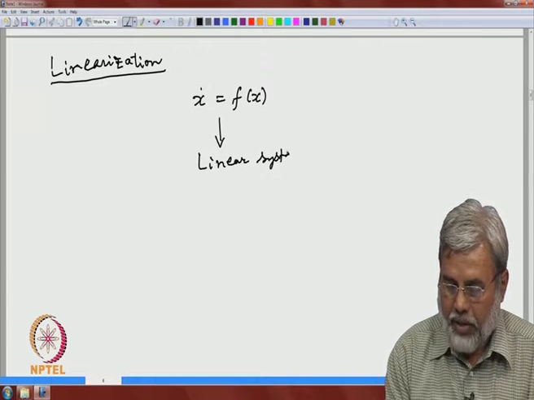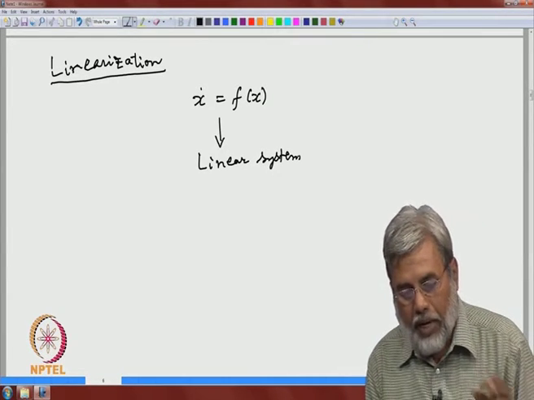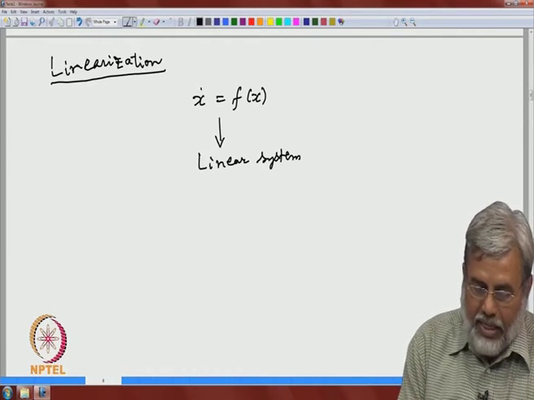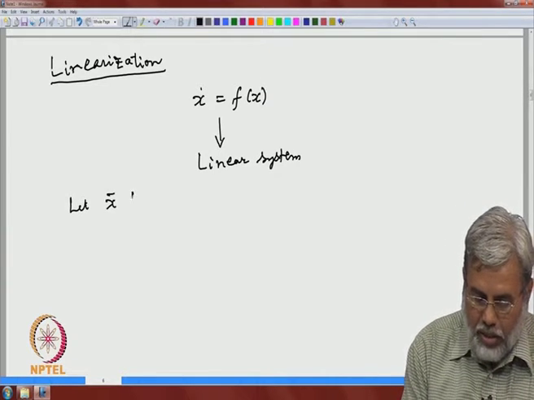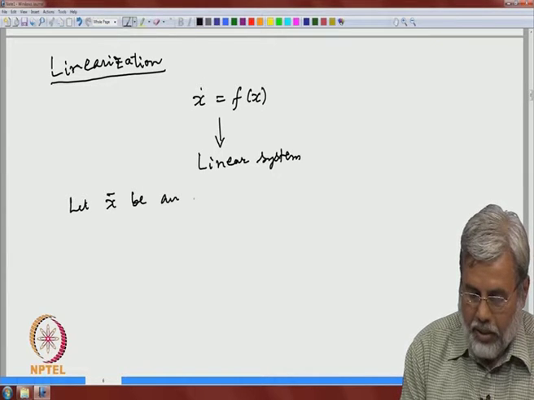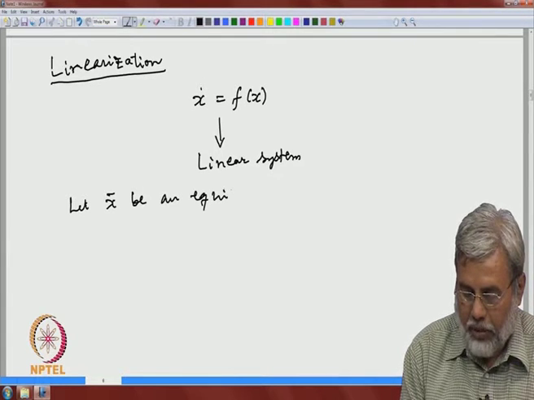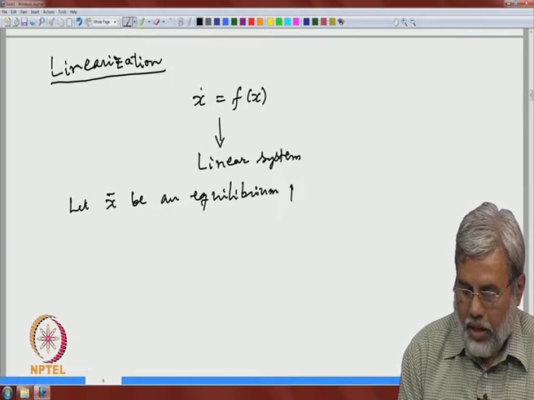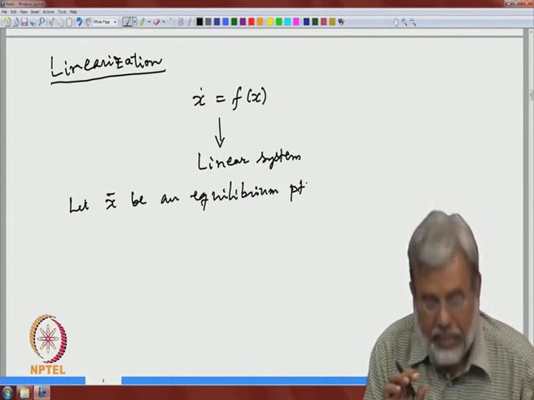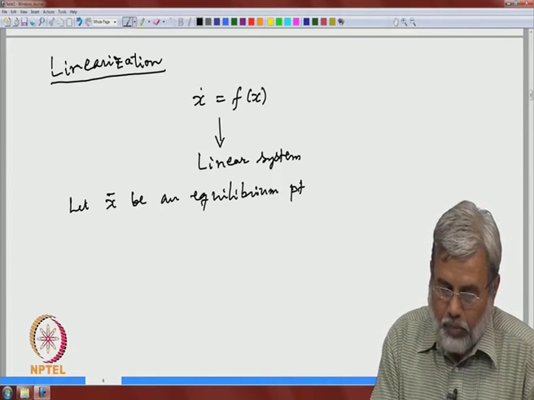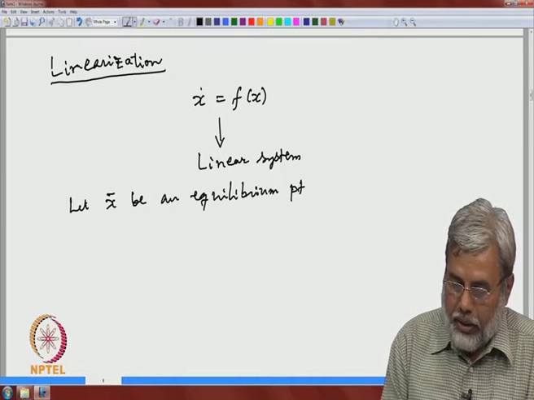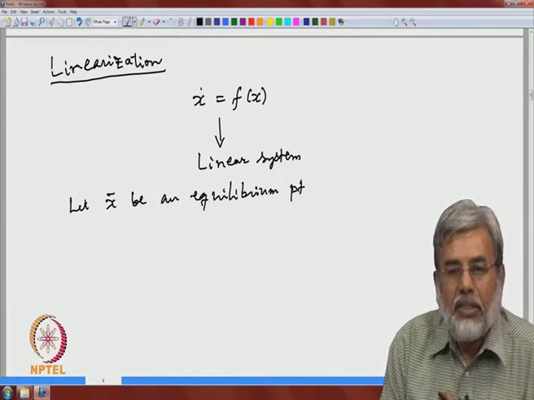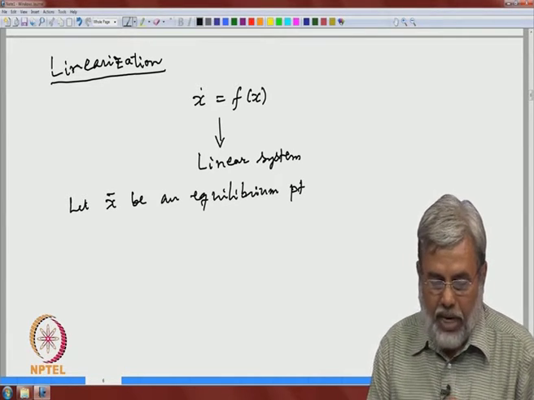But where? Okay. So, again remember our interest is, so let x bar be an equilibrium point. So, isolated equilibrium point. And our interest is to examine whether x bar is stable or not.